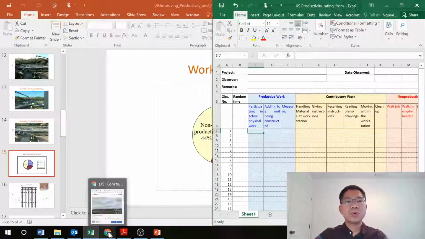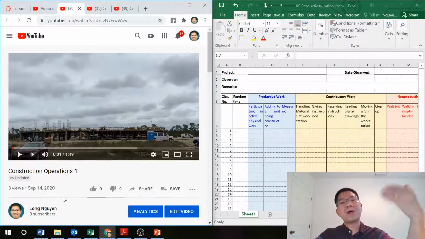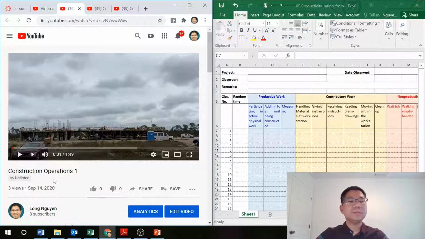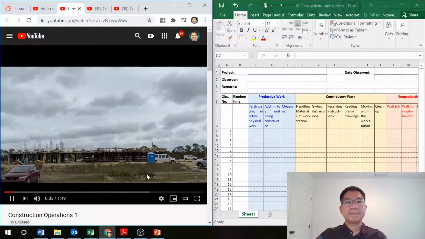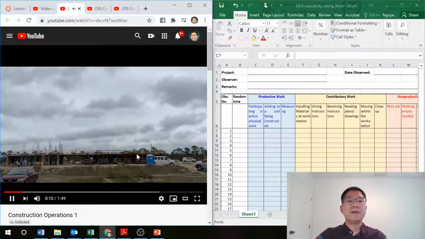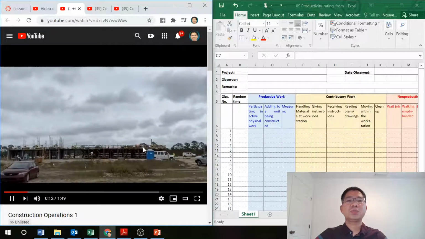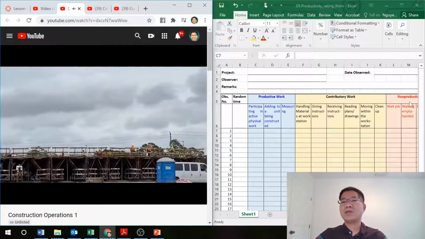So I will show you another video of a project in our area on Three Oak Parkway, on the other side of I-75, if you walk through there. Here you can see how it goes. People working with the equipment and measuring tools outside the workstation are considered non-productive.